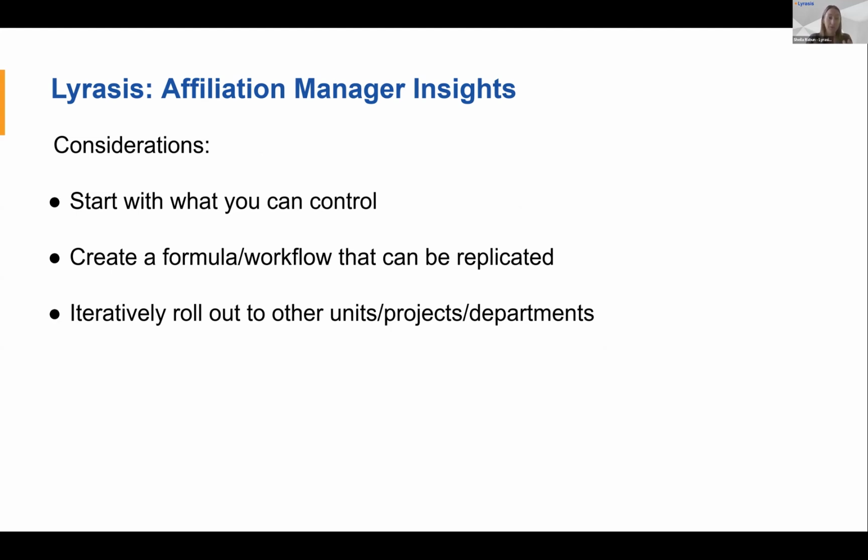So we're starting with that. And we created a formula or a workflow that can be replicated by other areas of the organization. And our plans are to iteratively roll it out to other areas of the organization. So that seemed to take that overwhelm away and start small and then think about rolling it out to more and more people.